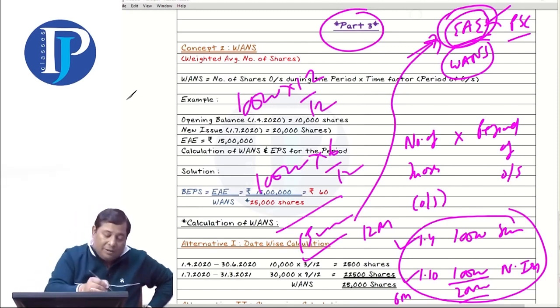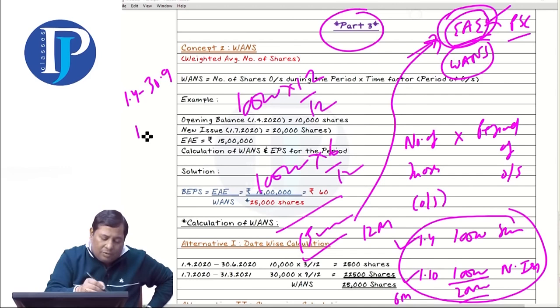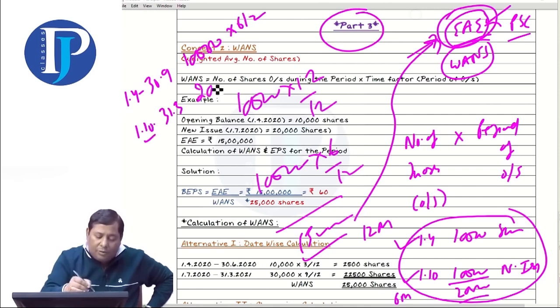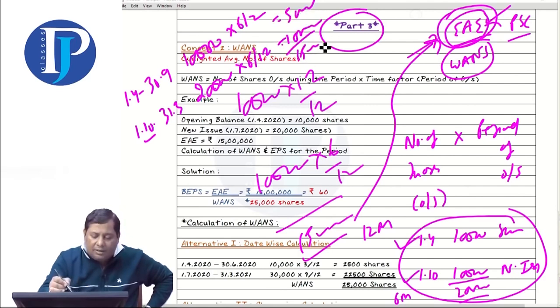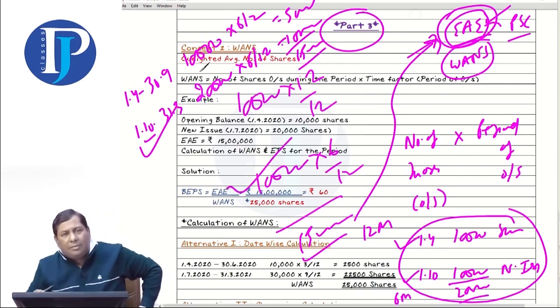I told you about date-wise calculation from 1/4 till 31/3. When an event occurs, just stop till there. The event occurred on 1/10 till 31st of March. I had 10,000 shares. But then on 1/10, new shares were issued, so I have 20,000 shares. So these are 5,000, these are 10,000. The answer will be 15,000. Do it class-wise or date-wise, the answer will be the same.